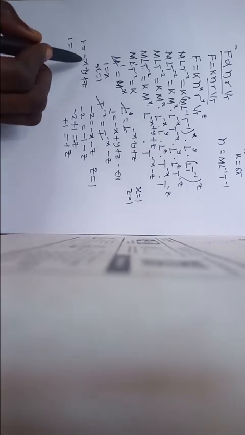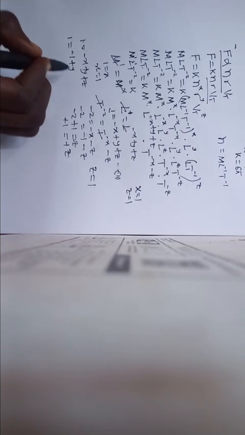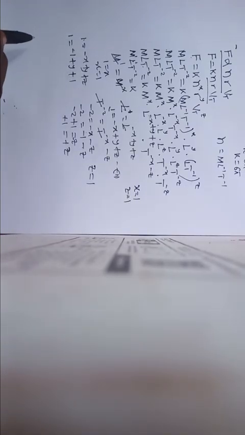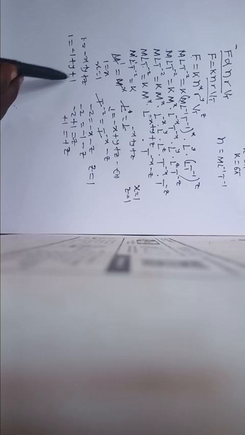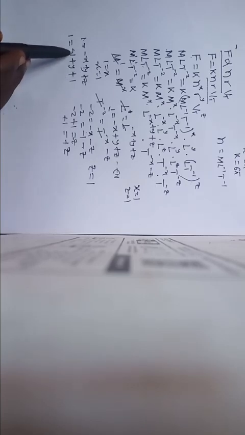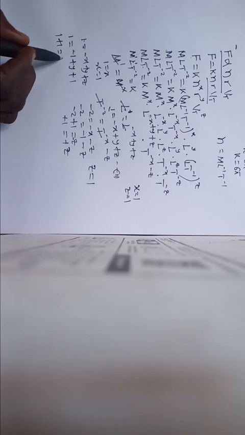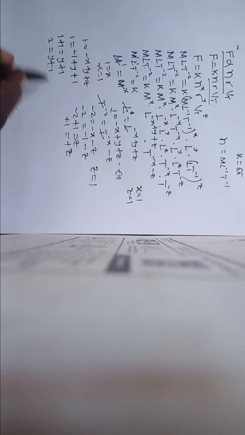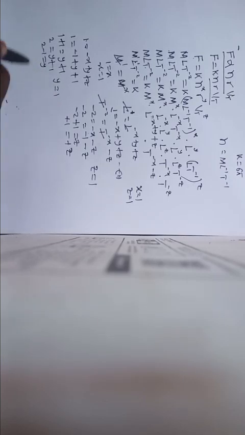If you put the value of x here, you are going to have minus 1 plus y plus z. z is plus 1. If you move the value of 1 here, you have 1 plus 1 is equal to y plus 1. 1 plus 1 is 2, is equal to y plus 1. If 1 moves to the other side, that is 2 minus 1 is equal to y, or y is equal to 1. That means all the values are 1.